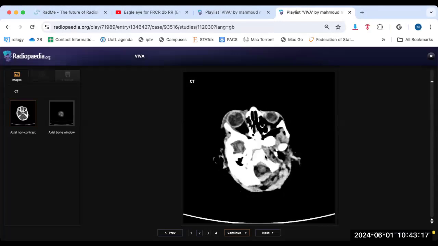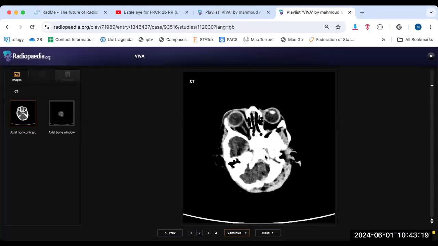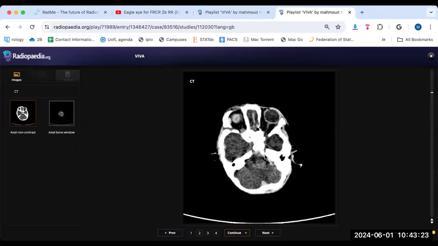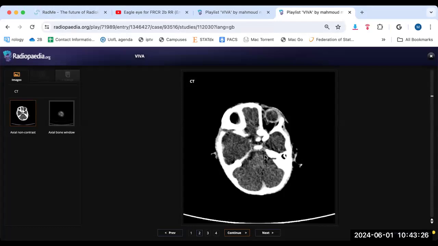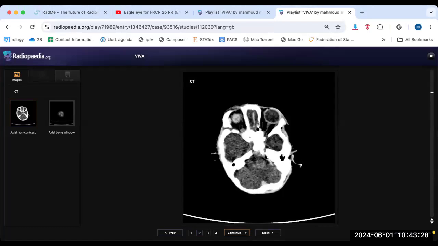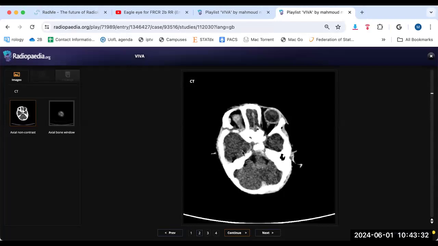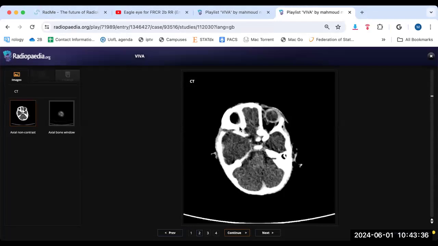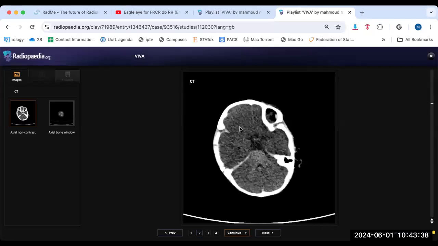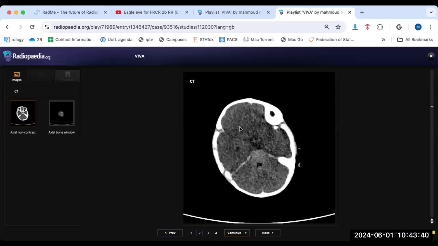I will scroll up again to search for abnormality in this scan. The orbit looks normal. I can see evidence of hyperdensity at the right side of the orbit. I ignore it. What is the hyperdensity you mentioned before? Where is it exactly?